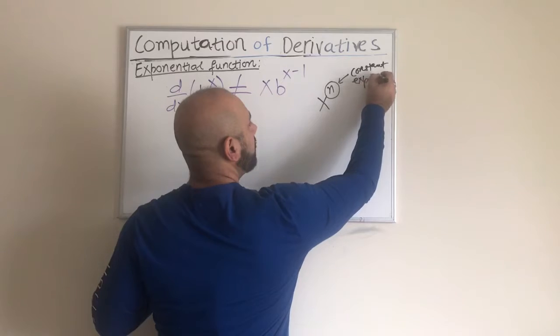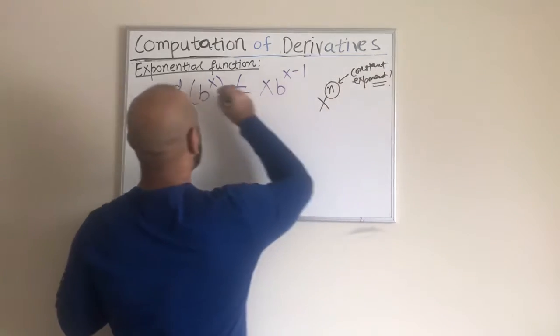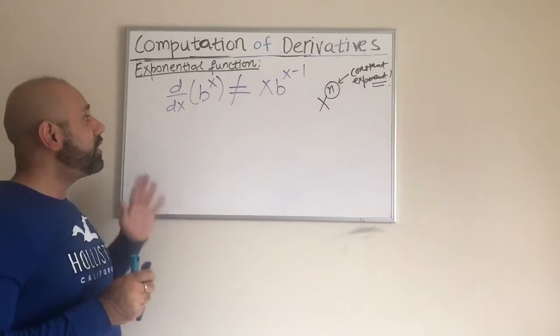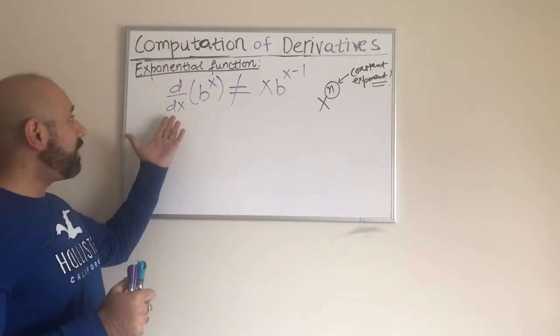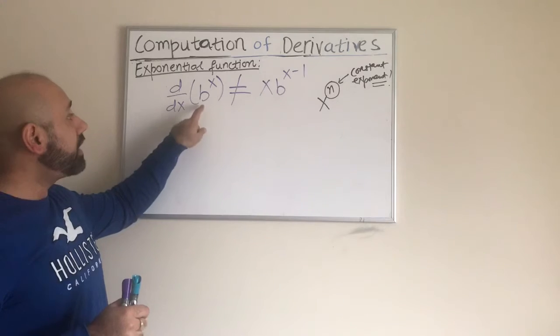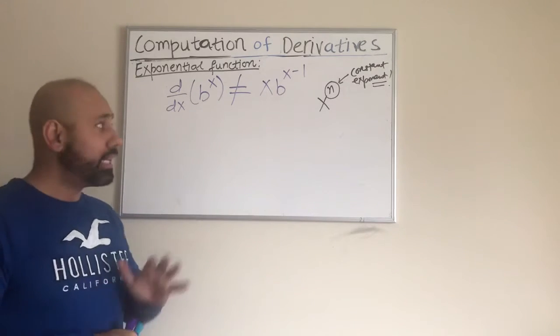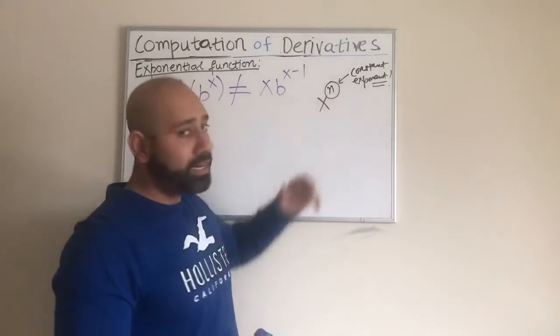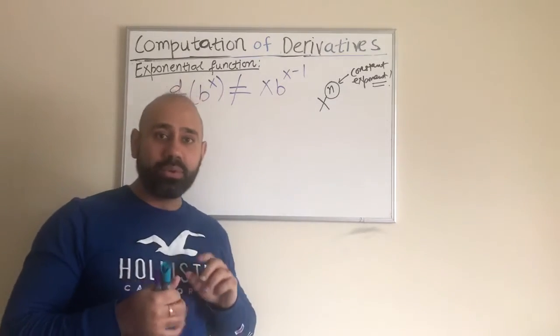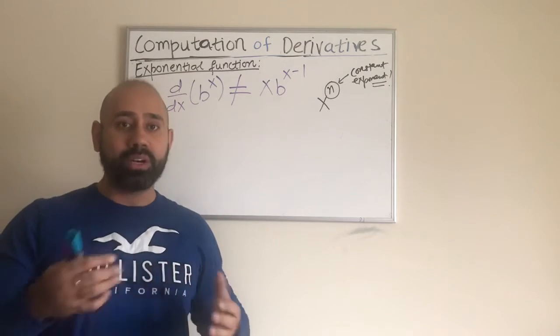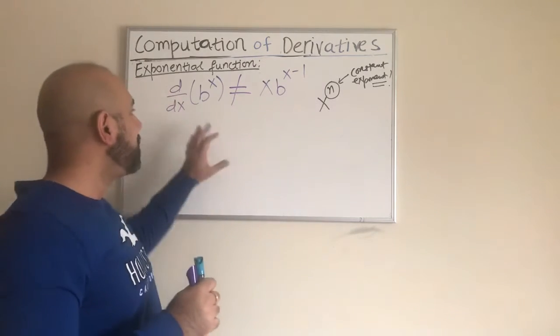In this case, x is not a constant. So we cannot use the power rule to find the derivative of an exponential function where we have a variable in the exponent. Here it seems like we have a variable, but we know that n stands for any particular number. It could be a fraction, it could be a positive or a negative integer. So please do not do this.